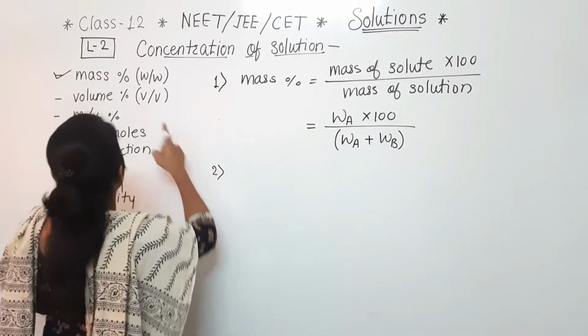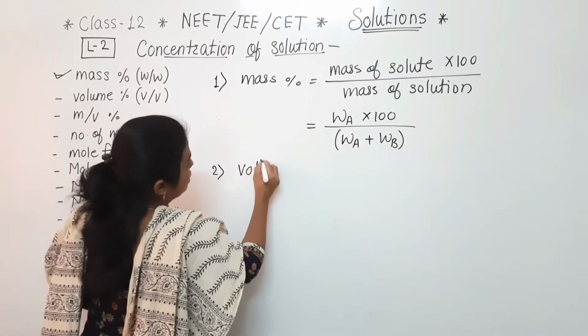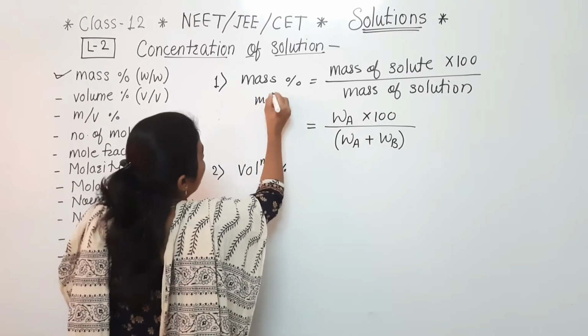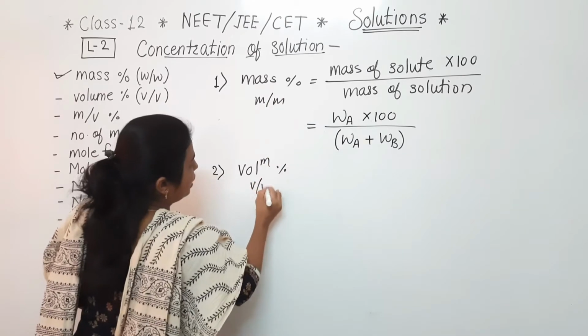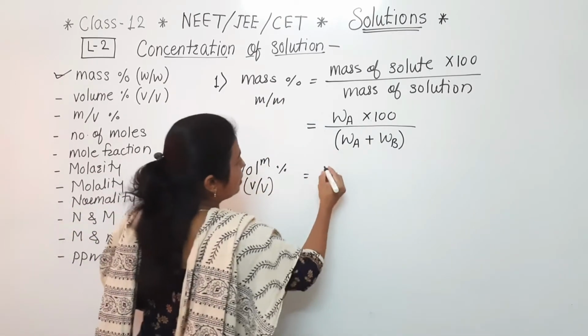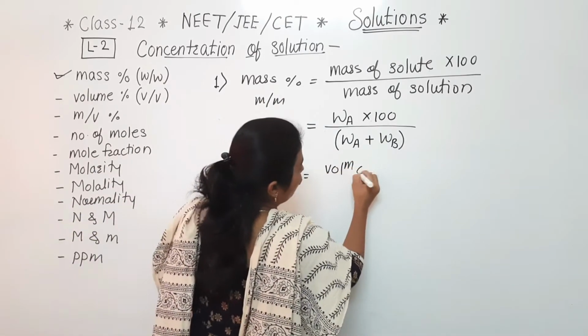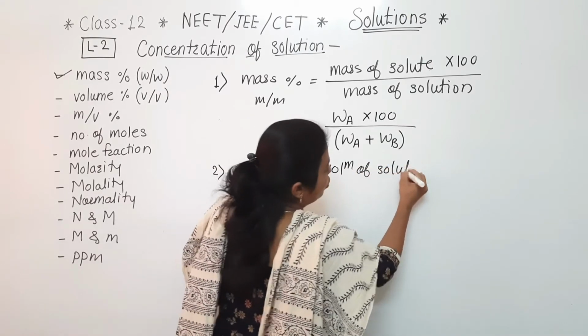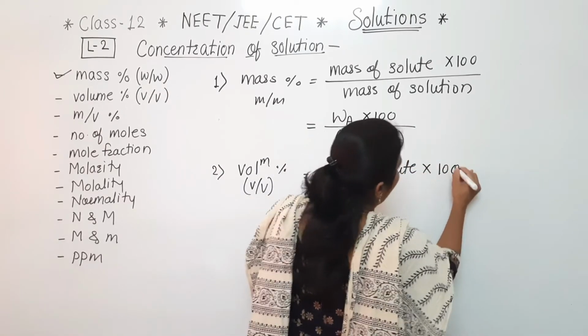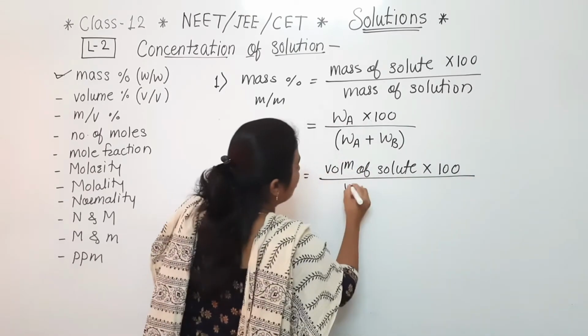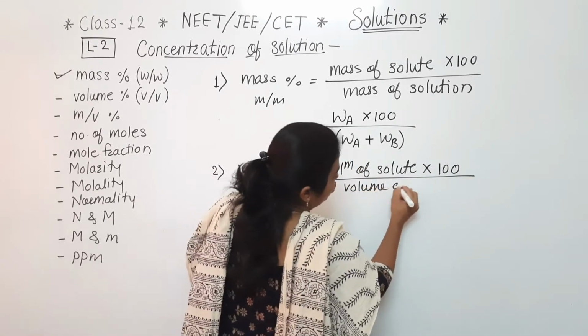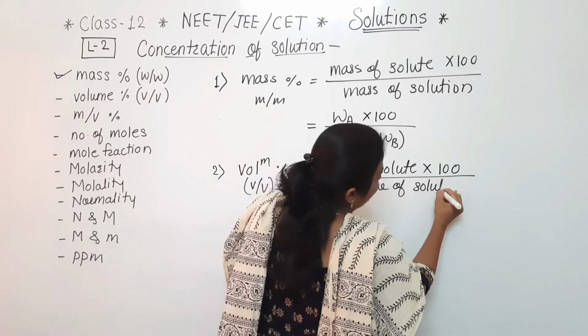Second formula, which is related to the volume percentage. V by V. तो यहाँ पे हमें क्या consider करना है? Volume of solute into 100 divided by volume of solution.